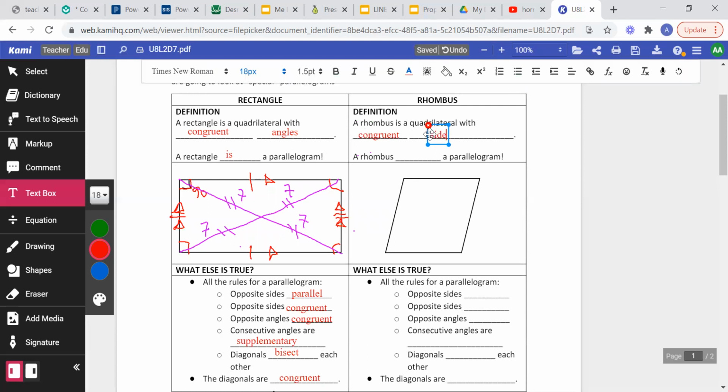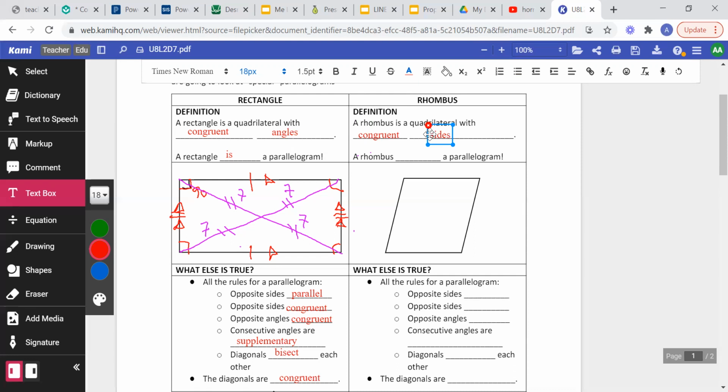So if they ask you the difference between a rhombus and a rectangle: a rectangle has congruent angles, 90, 90, 90, but a rhombus only has congruent sides. The angles are not congruent, only the sides are. In a rectangle, the sides are not equal, okay? In a rhombus, the sides are equal. In a rectangle, the angles are equal, but in a rhombus, the angles are not equal. So that's the major specification here, okay?